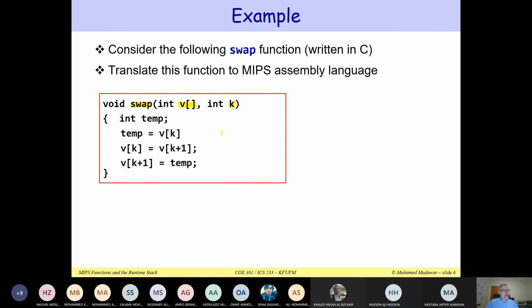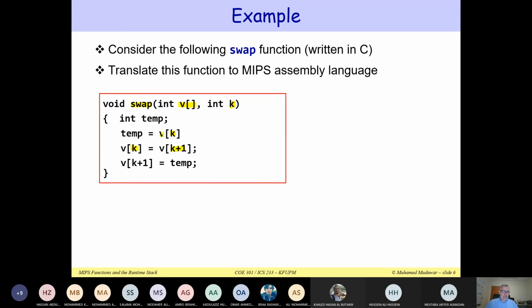These are the formal parameters of the function swap. Inside swap, there are three statements, and these statements swap two elements of the array V at index K and index K plus 1. Notice that here we are reading V of K plus 1, and we are writing V of K.